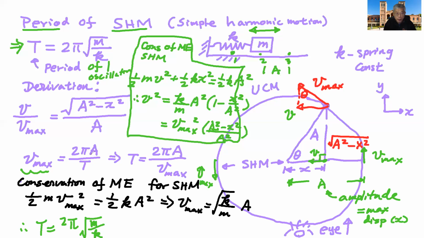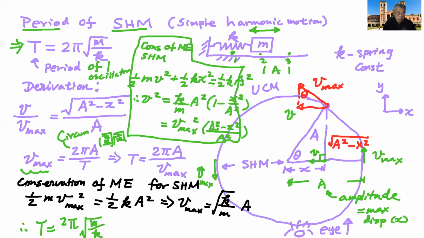So 2 pi A is the circumference, 圆周, in Chinese. So 2 pi A divided by T. Distance divided by time is your velocity, your constant linear speed here, okay? And then you rearrange it so T goes here, Vmax goes here, so T is equal to that.